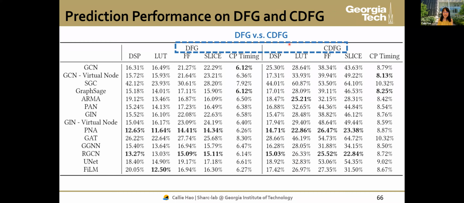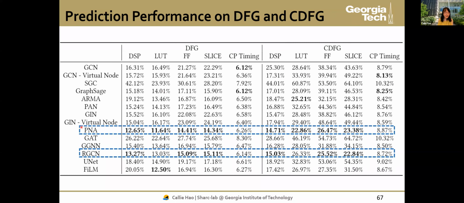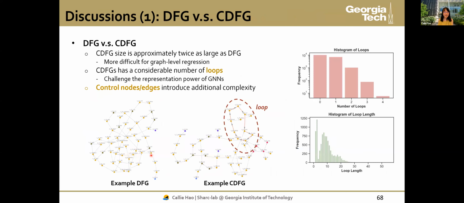This is the first observation, and we will explain it later. We also observed that there are 2 winners here, the PNA model and the RGCN model, which generally outperform the others. Are there any insights or reasons there? We are going to discuss that.